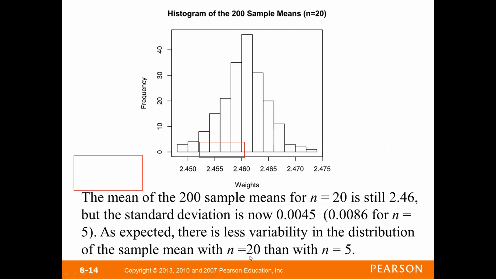When we increase the sample size by a factor of 4 and raised it to 20, we got a standard deviation of the sampling process of about 0.0045, which is roughly half of that. Remember, 2 is the square root of 4. So if I take 1 over the square root of 4, that would be a half. So the standard deviation I get from increasing the sample size by a factor of 4 decreases the standard deviation of the sampling process by a factor of a half.